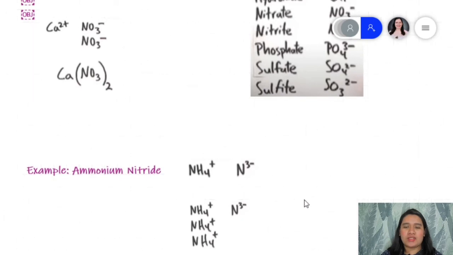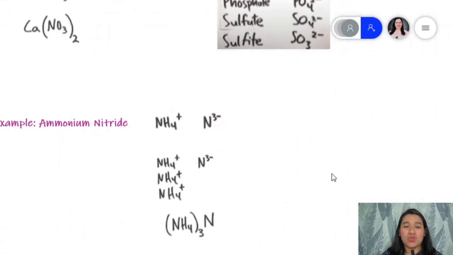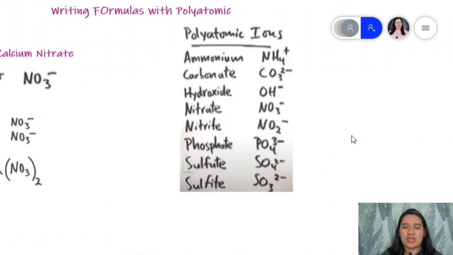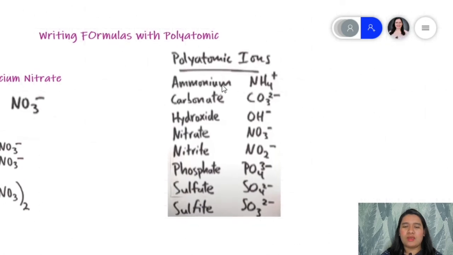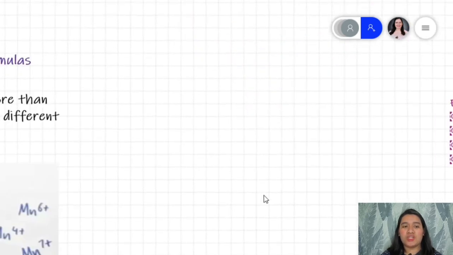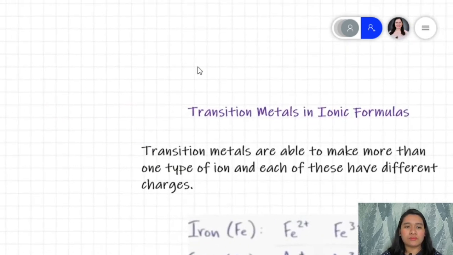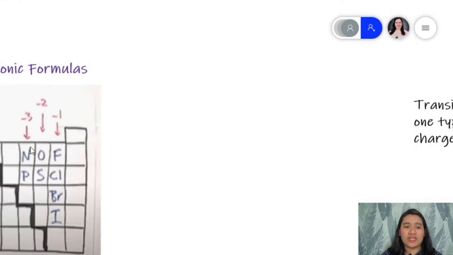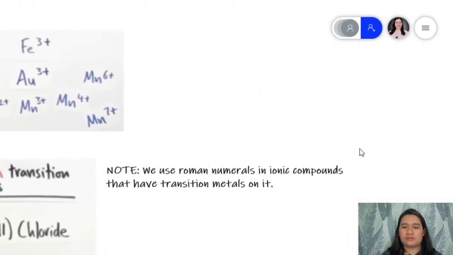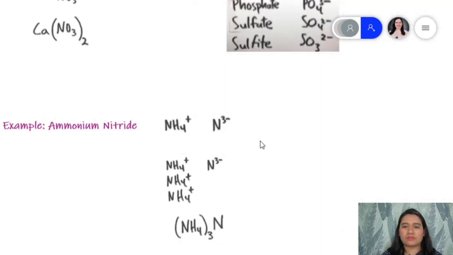Next, another example is ammonium nitride. Ammonium is a polyatomic ion. So the symbol for ammonium is NH4 plus, and then we have nitride, or nitrogen. What is the charge for nitrogen? The charge for nitrogen is negative 3.